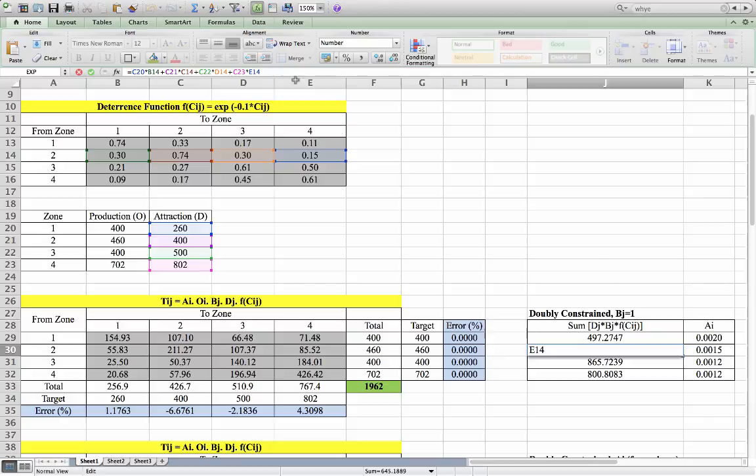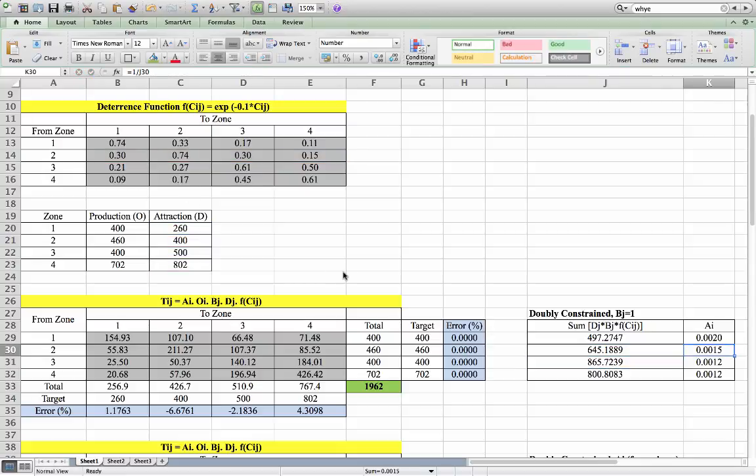We do similarly for the other origins. So we calculate the sum of Dj, Bj, f(Cij) for another originating zone. It would be 260 multiplied by 0.3, 400 multiplied by 0.74, and so on, and similarly we get the Ai.